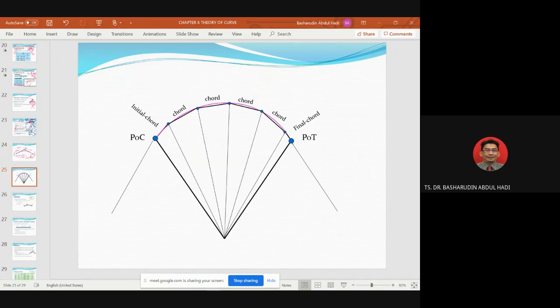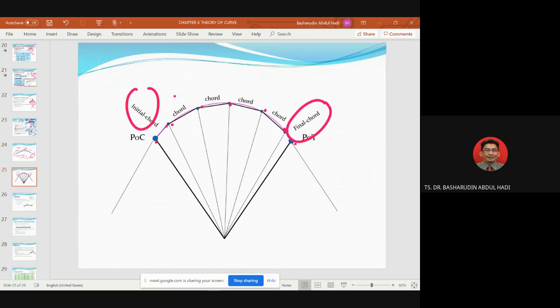Okay. Right. So in your calculations, we must put a standard chord length, a standard distance. You can see the chord length from this one to this one is the same length. But the initial and final chord are different, because sometimes we cannot make it equal. So we must adjust our initial chord and final chord.